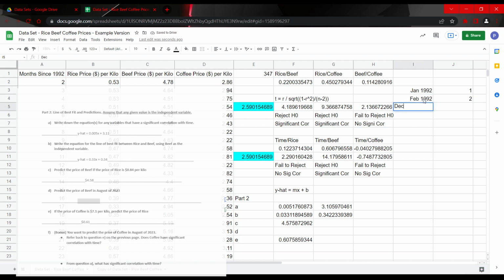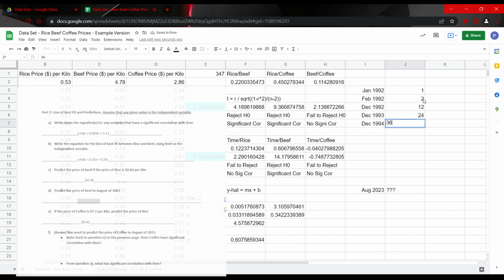All the way down to December 1992, that'll be month number 12. And so our first task is figuring out August of 2023, what is that month number? We can use logic to go through this. December of 1993 is going to be month 24. December of 1994 is going to be month 36, right? It's going up by 12.